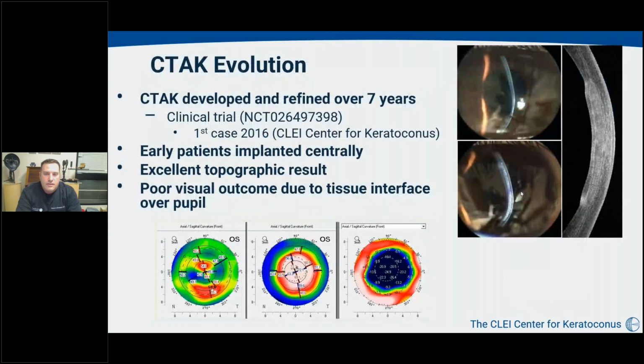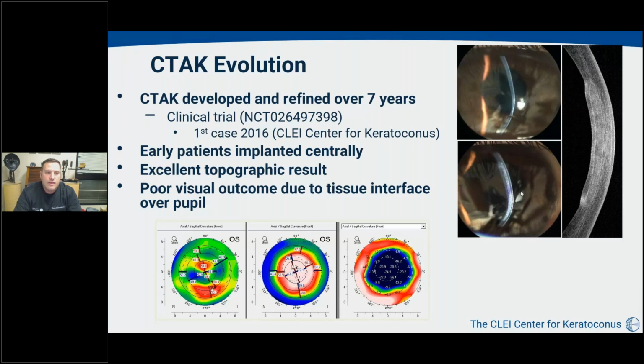So how did we get here? How did CTAK start? CTAK has been developed and refined over the past 7, now going on 8 years. The first case was done by Dr. Peter Hirsch at our center in 2016.